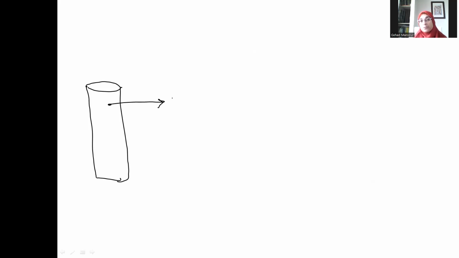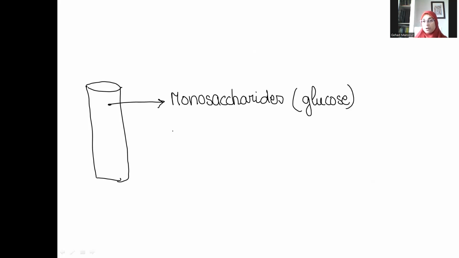So if we start by carbohydrates, the final, simplest products of digestion are the monosaccharides, and on top of the monosaccharides, we have glucose, because glucose is the most abundantly present carbohydrate molecule, or more accurately, monosaccharide molecule in the human body.